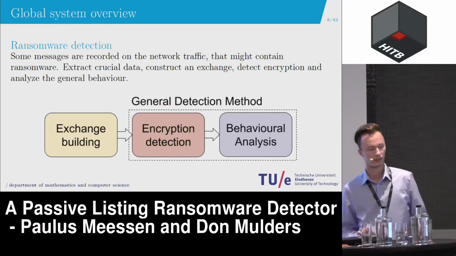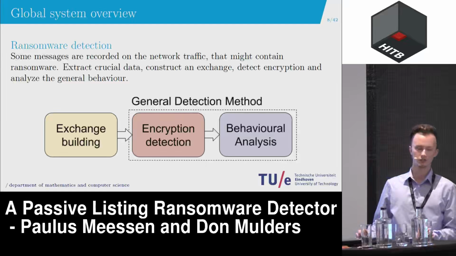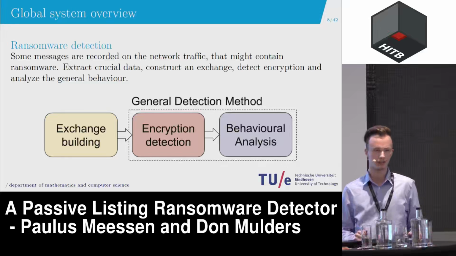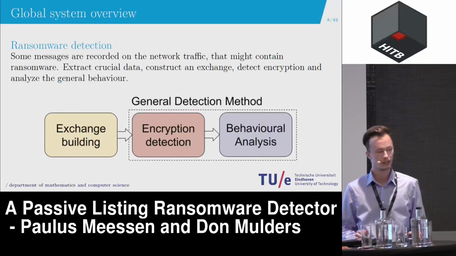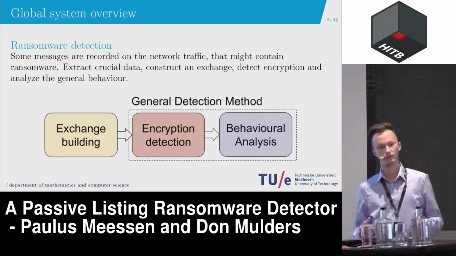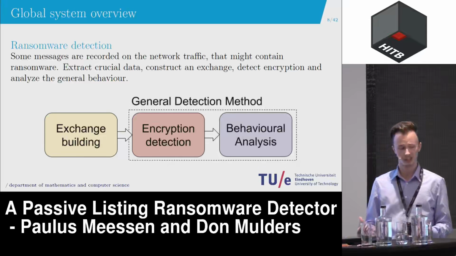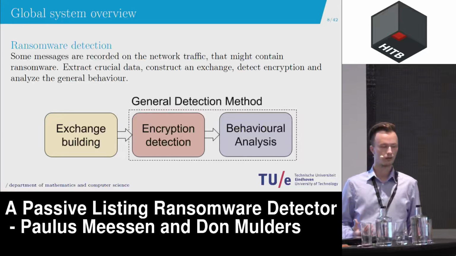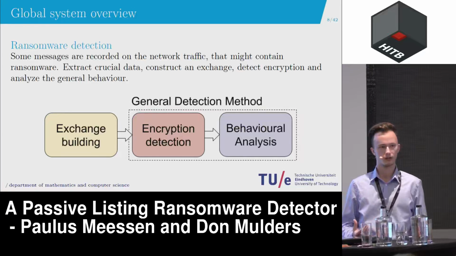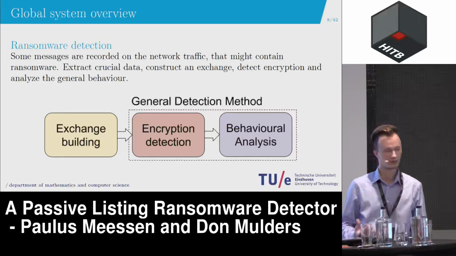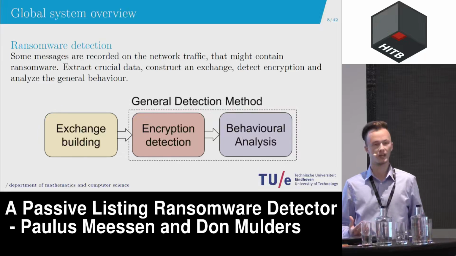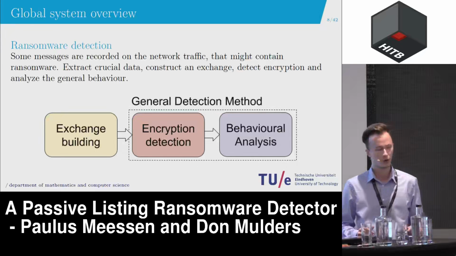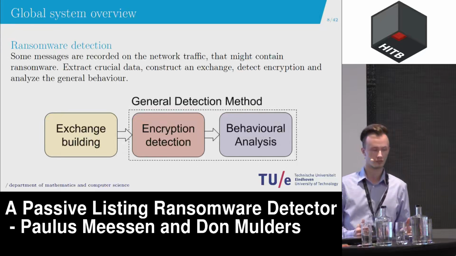To do this, we built exchanges based on the message features that we extract from the SMB data. And then we try and figure out whether these exchanges are encrypted. And if they are, then, well, encryption is all fine, but is the behavior that the traffic is displaying actually a user encrypting some stuff? Or is it, for instance, ransomware?